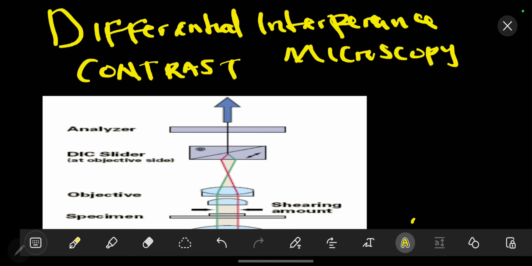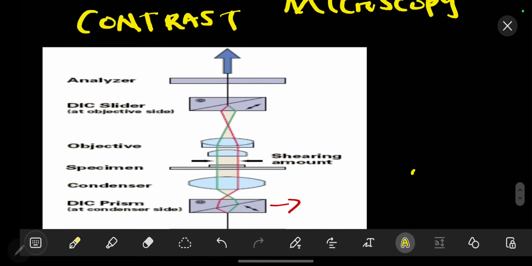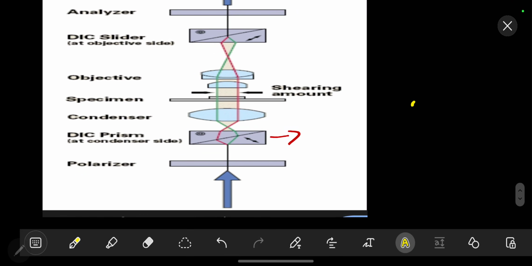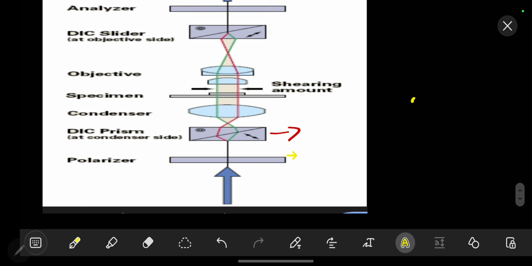Now the principle of working of this is very simple. Firstly we have the polarizer. The function of the polarizer is to simply have one ray of light. We are talking about how the light rays are moving.